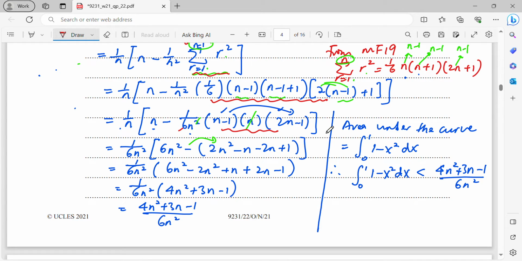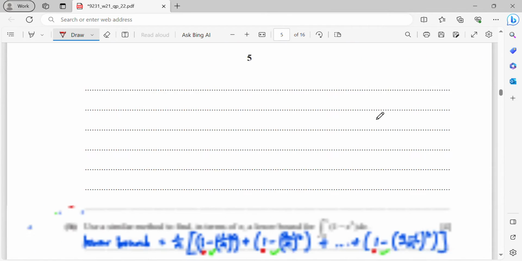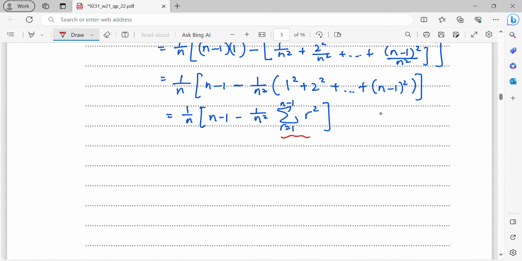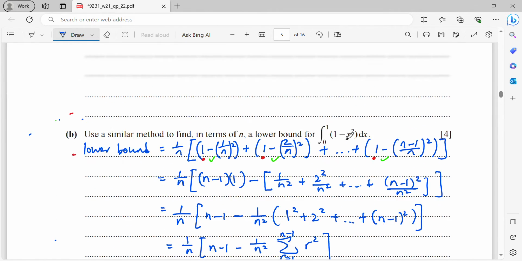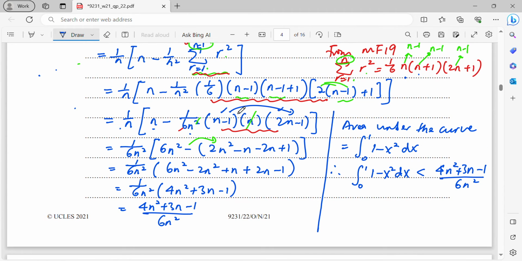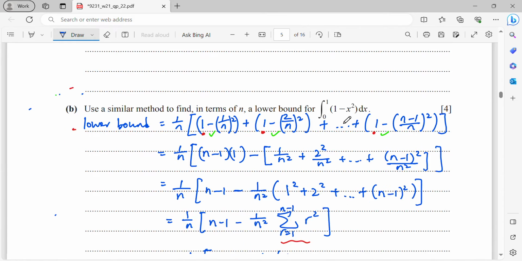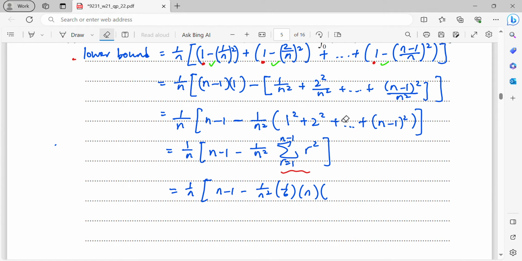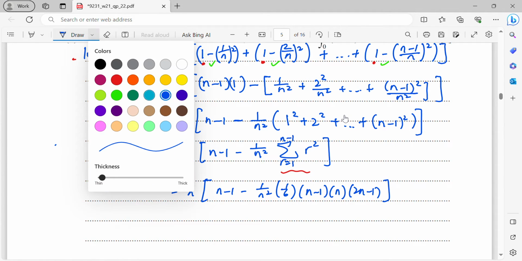So I will write 1 over 6, then n minus 1, n to n minus 1. And now the n can be cancelled off.